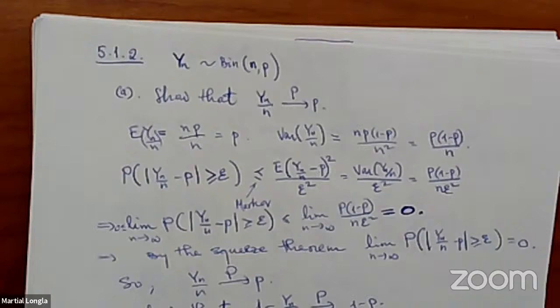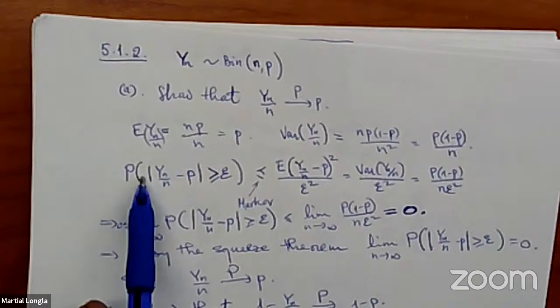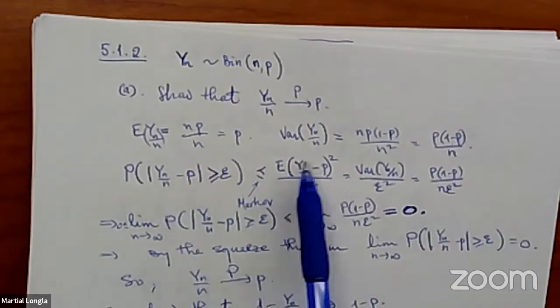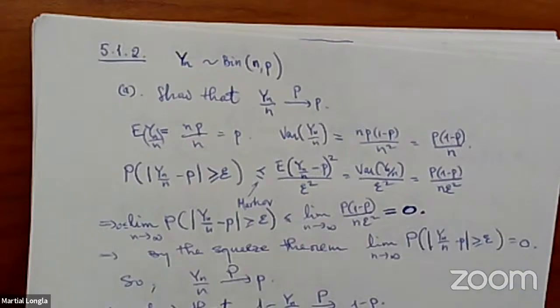Question? And this is larger than 0 because it's a probability. Probabilities are positive. Because just showing that a sequence is less than something that converges to 0 does not prove that that sequence converges to 0.